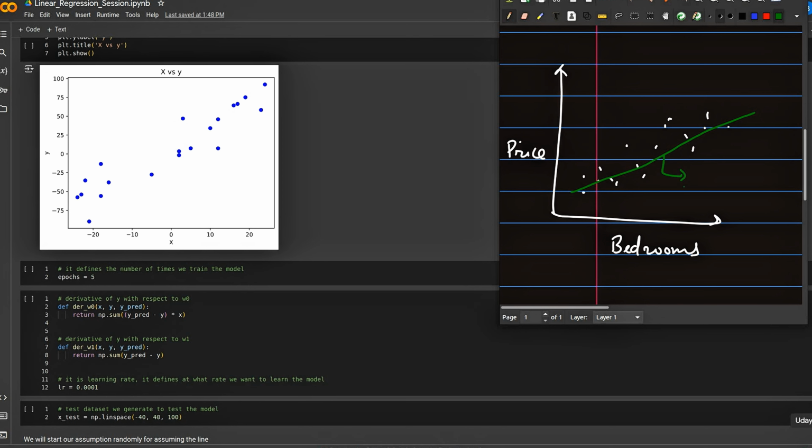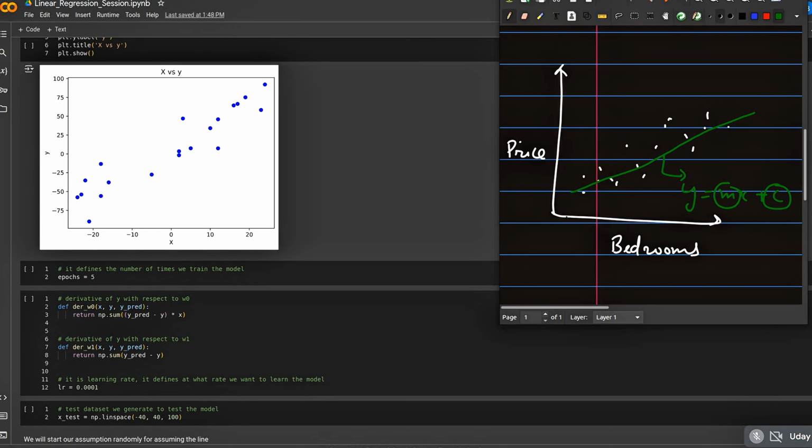And what is the equation? Y equals mx plus c. To define this particular line for this data, we need two things: one is the slope and one is the intercept.